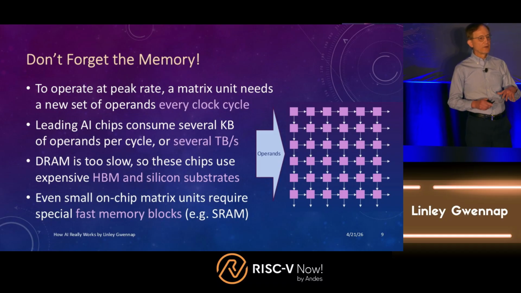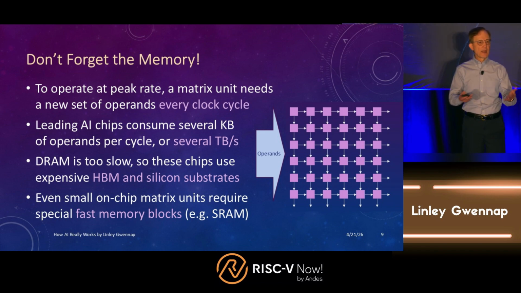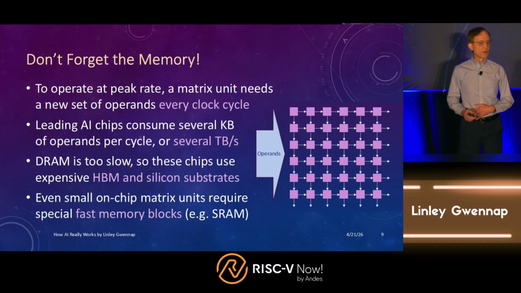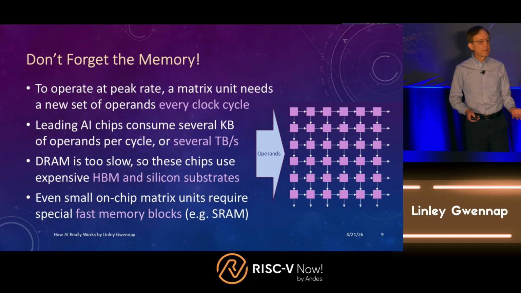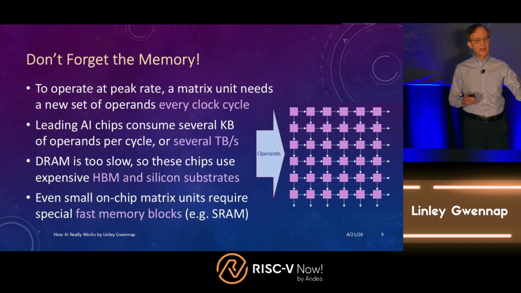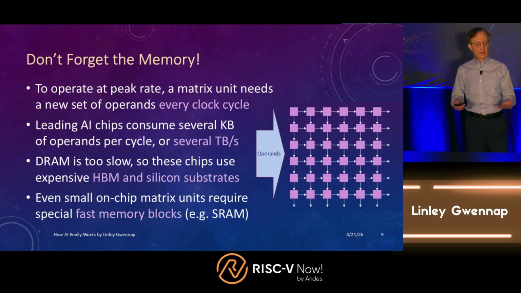And so when you look at chips like the Nvidia GPUs, the DRAM is not fast enough to sustain this kind of bandwidth. So these very high-end AI chips are using high bandwidth memory, HBM. And then because of the HBM, you have to use silicon substrates, which adds even more cost. And everything gets very expensive because of this bandwidth requirement.